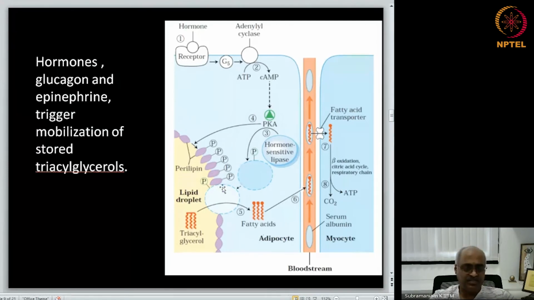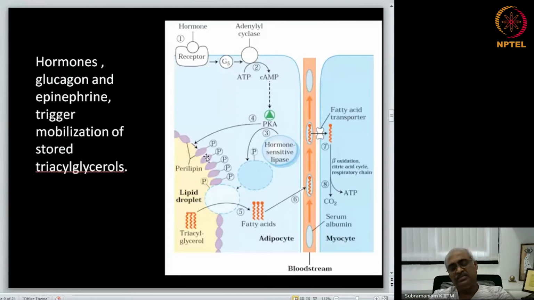Its conformation changes such that it no longer inhibits this lipase from acting on this. So the experimental observations show that although the lipase activity increases upon phosphorylation, the major effect in lipid mobilization is actually the phosphorylation of these perilipins.